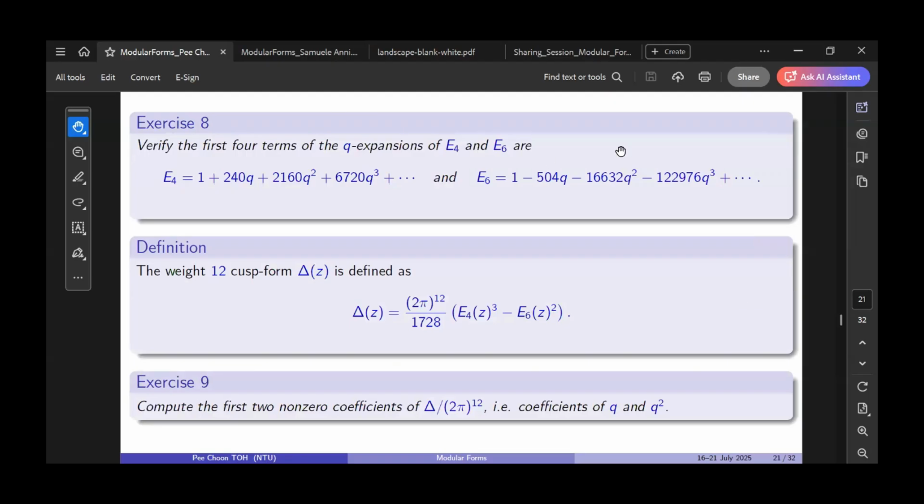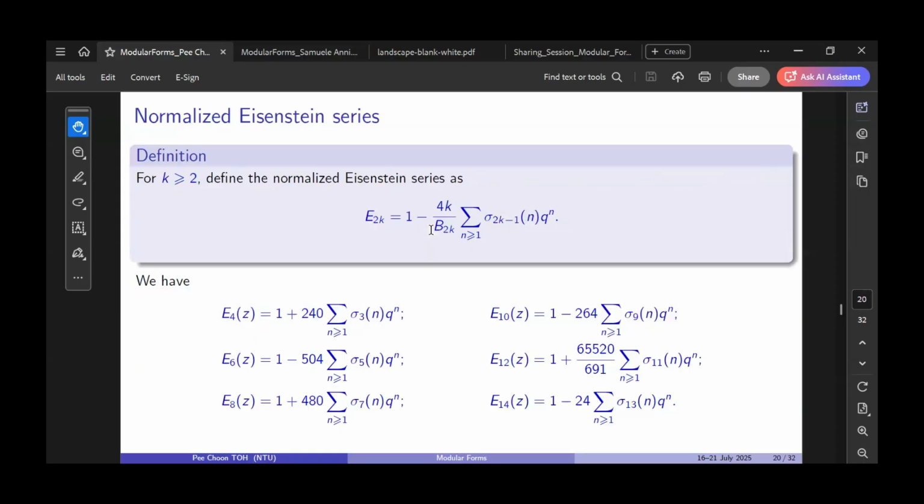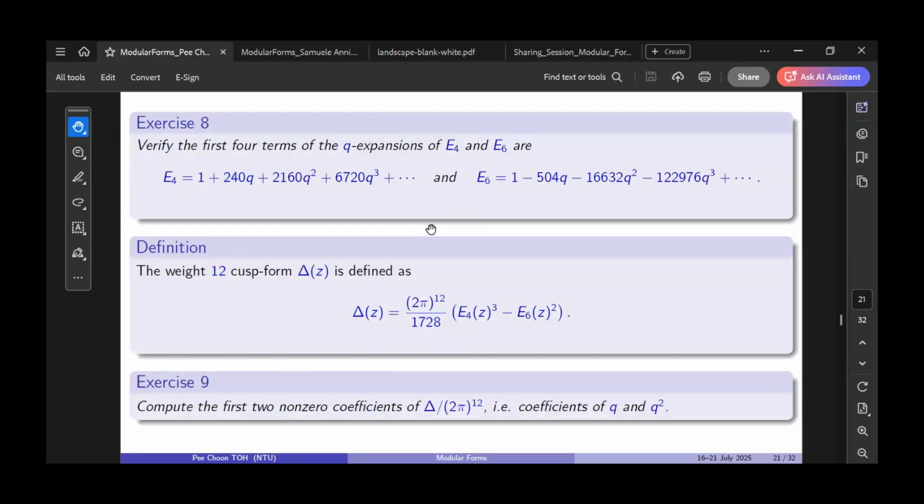Exercise 8 is easy, just expanding the formula. So let's just do the calculation. And this is a special form. So we define delta of z as a cusp form with weight 12. Why? Because as you know, E4 is a modular form of weight 4, right?